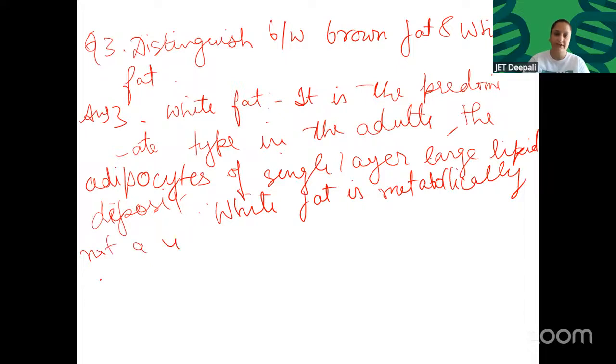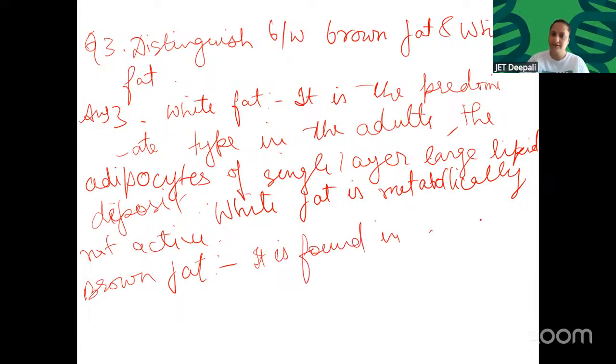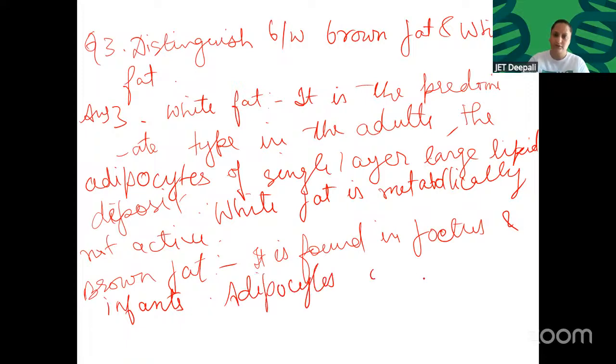Now let's write about brown fat. What is brown fat? Brown fat is found in fetus and infants. Adipocytes of brown fat have several small lipid droplets and are metabolically active, and it generates heat. Why is it found in fetus and infants?